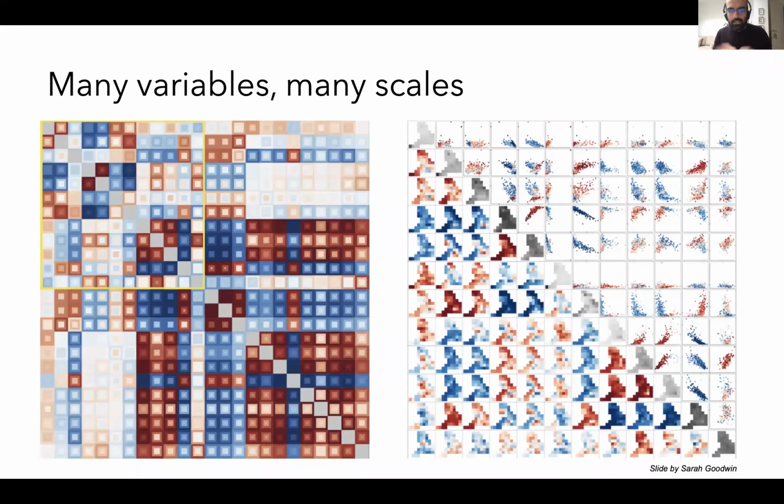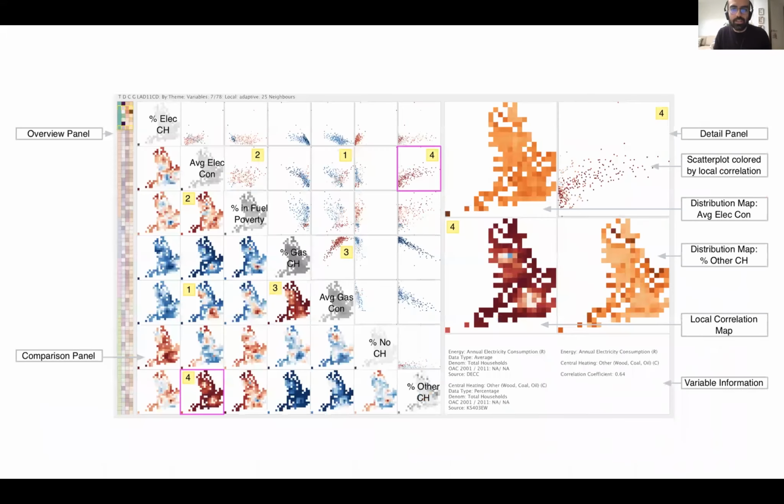Then we integrated this representation in a single matrix, like on the left, that shows many variables at many scales, and shows their changes in response to the aggregation levels.